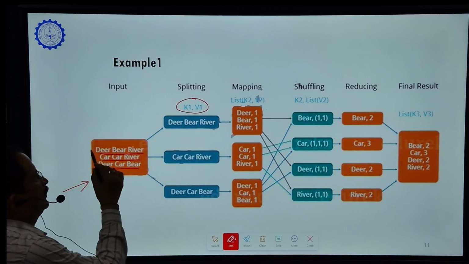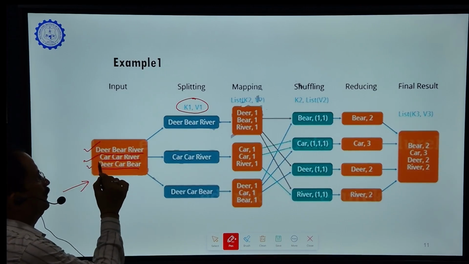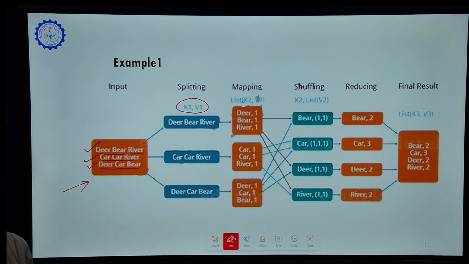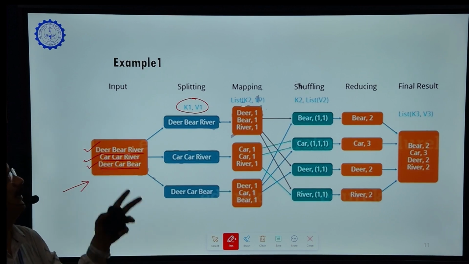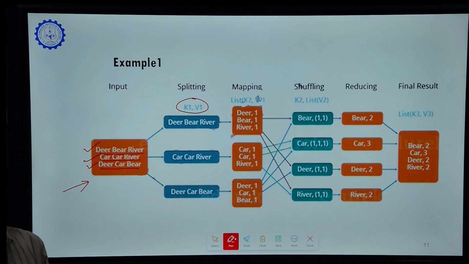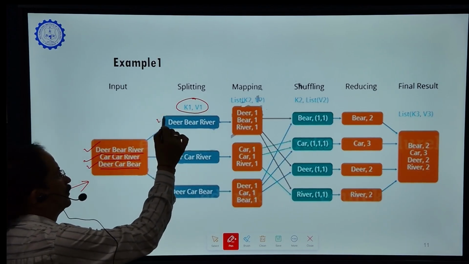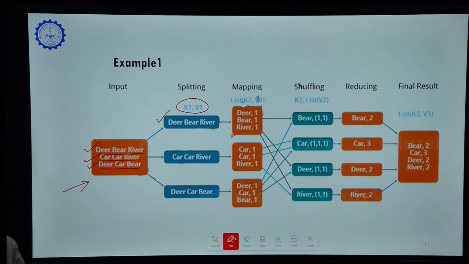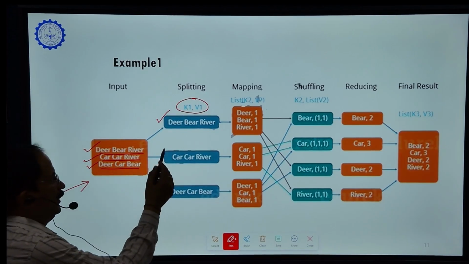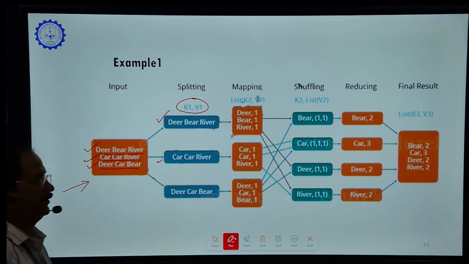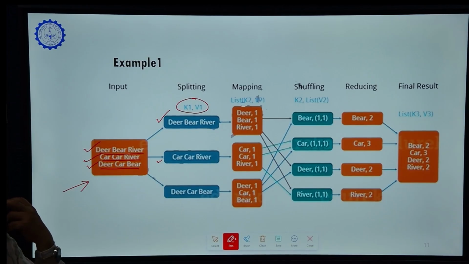So the first line, second line and third line are split into three different forms.